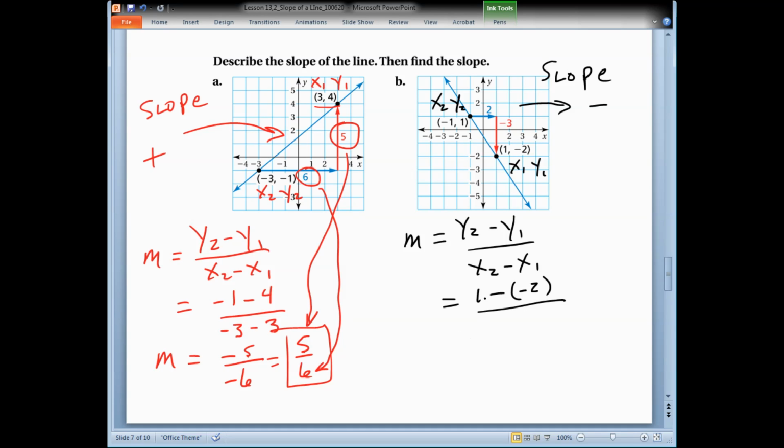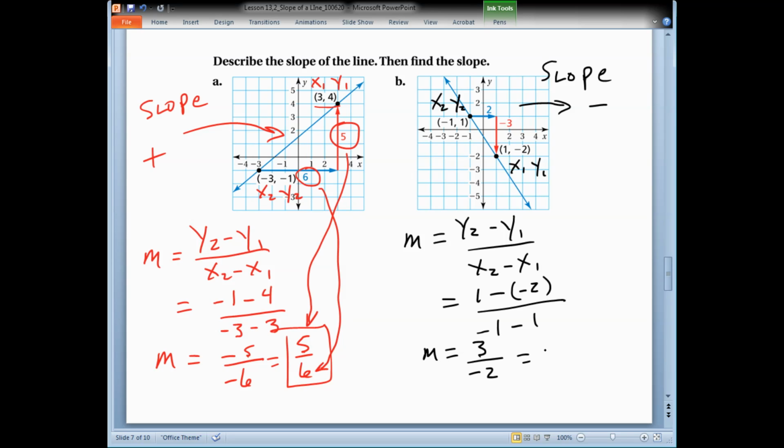So y sub 2 minus y sub 1, divided by x sub 2, which is negative 1, minus 1. So my slope equals, well, 1 minus negative 2 is just 3. Negative 1 minus 1 is negative 2.